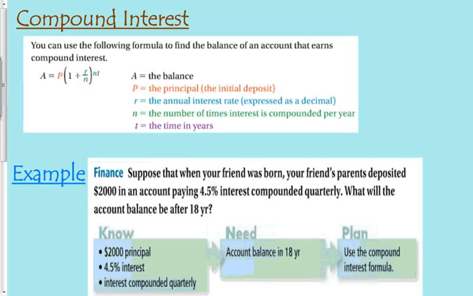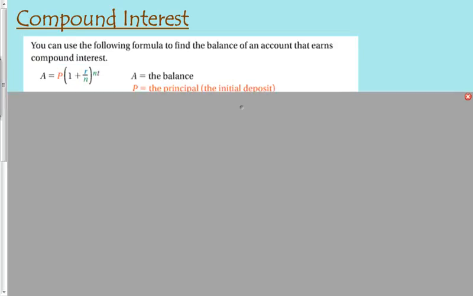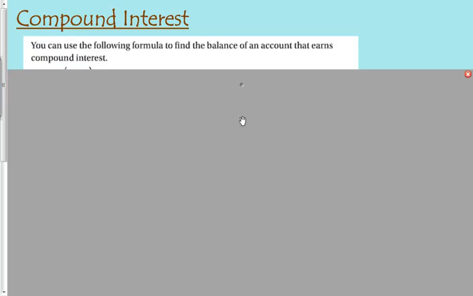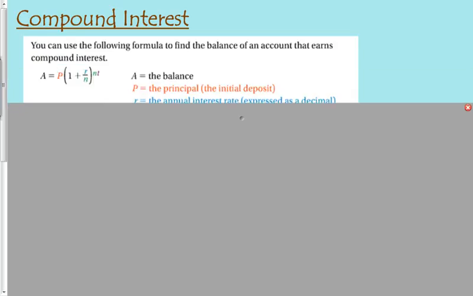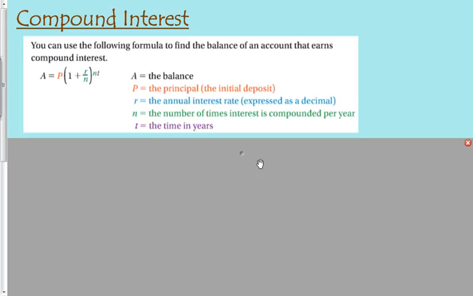All right, let's look at this thing called compound interest now. Compound interest has to do with exponential growth. So you can use the following formula to find the balance of an account that earns compound interest. Very similar to what we just did, only one slight difference. The number in front is going to be your P. That's still the initial, the starting amount.